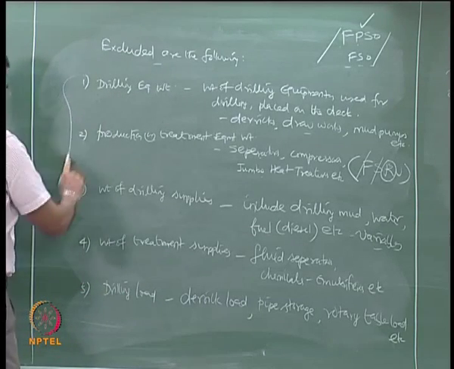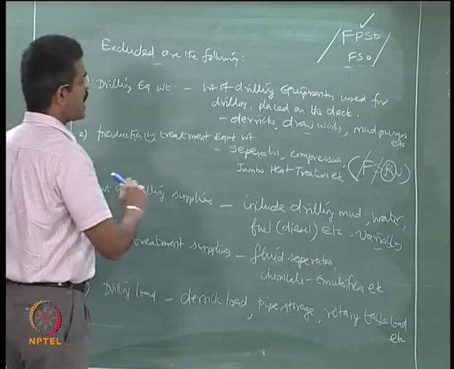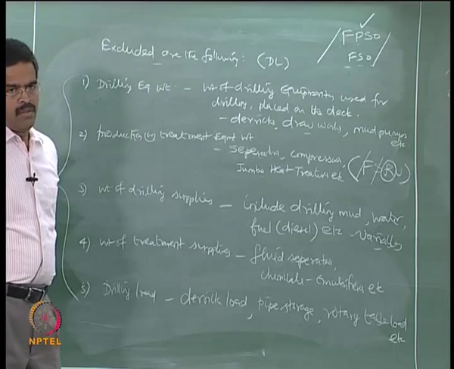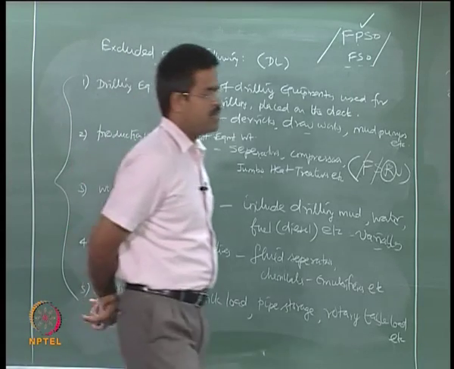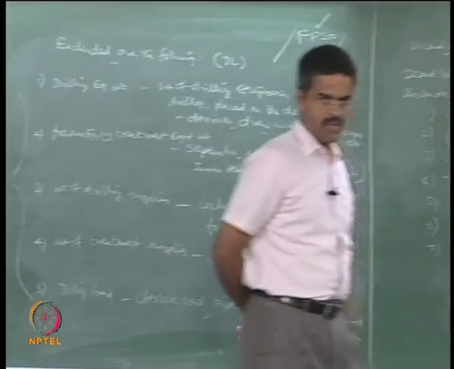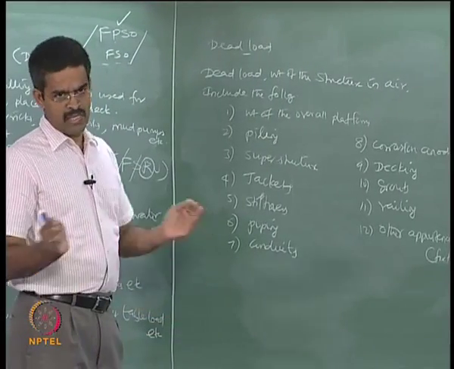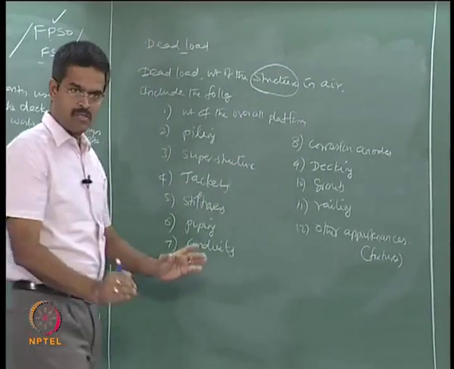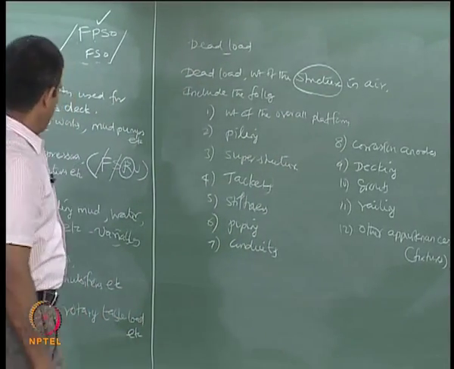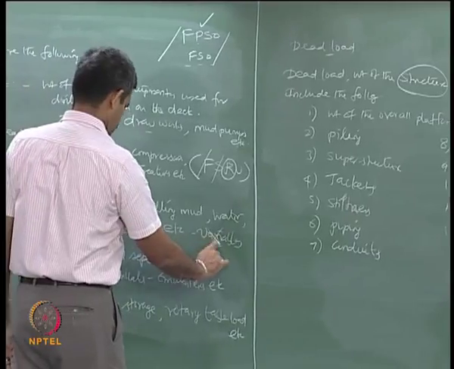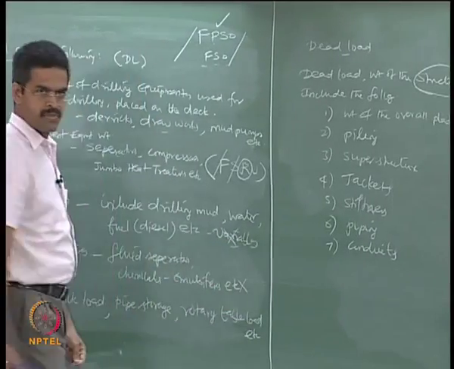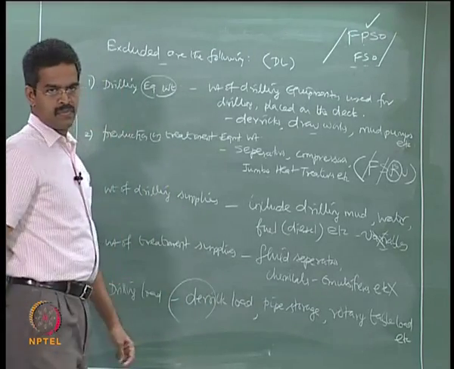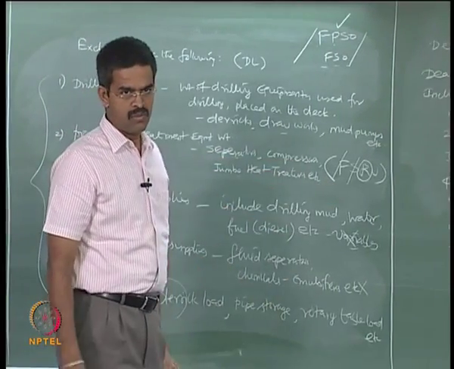So these are all excluded in the classical dead load, which we otherwise consider. So essentially, in summary, dead loads are related to weight of the structural system only. Variables are excluded, process equipments are excluded from the classical dead loads, okay.